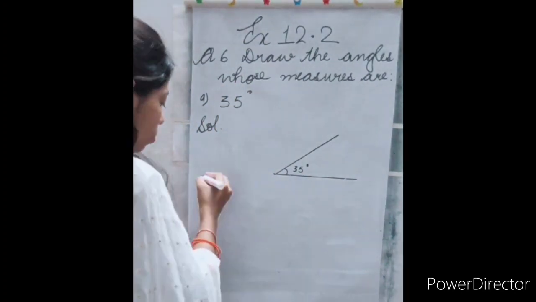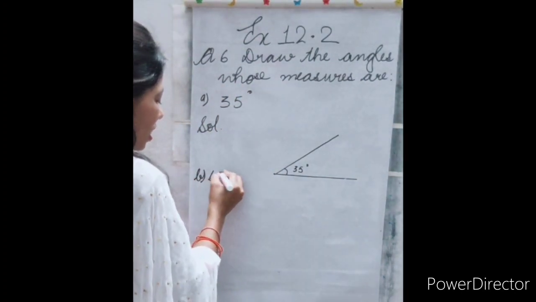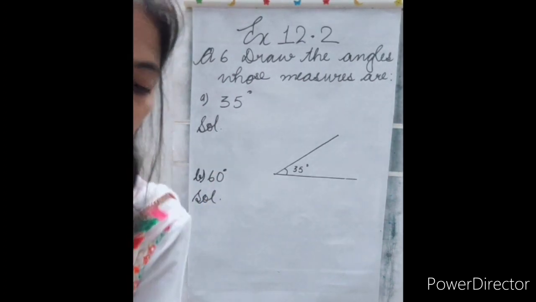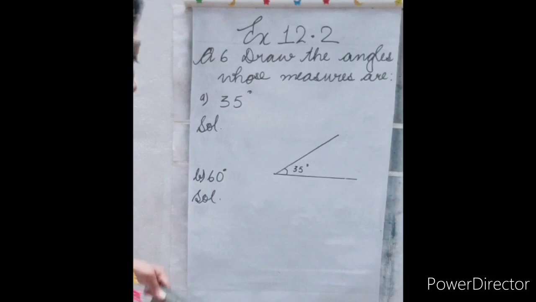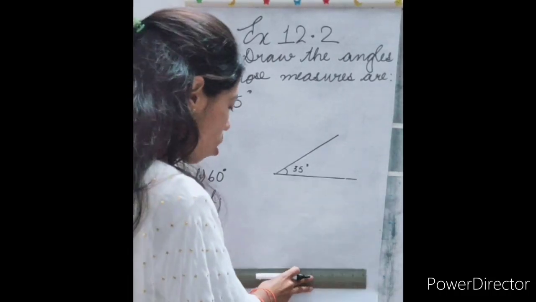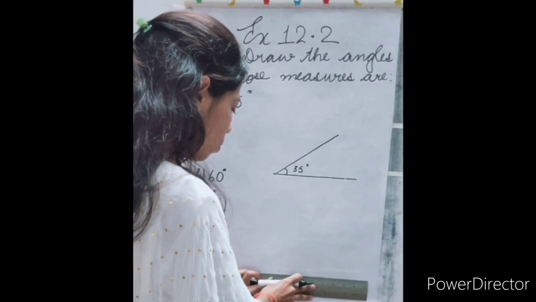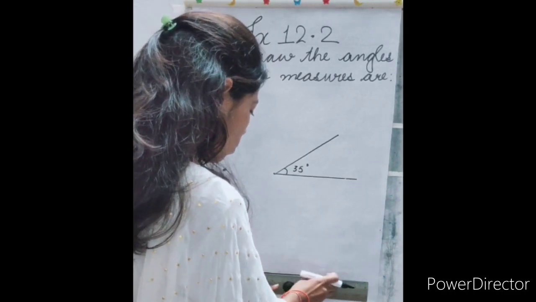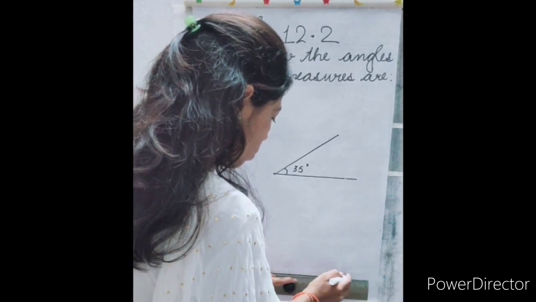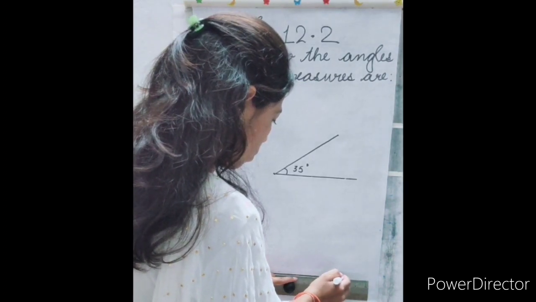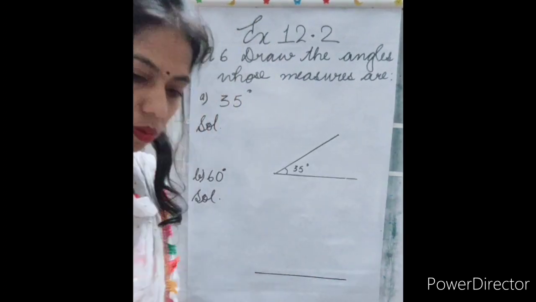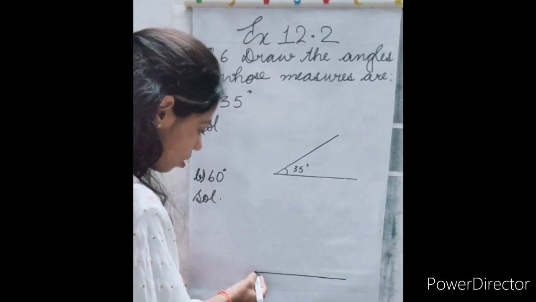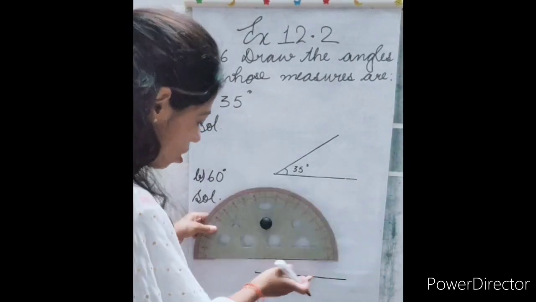Now next part B is 60 degree. In the same way, first we will draw a baseline. And it is the vertex of our angle.